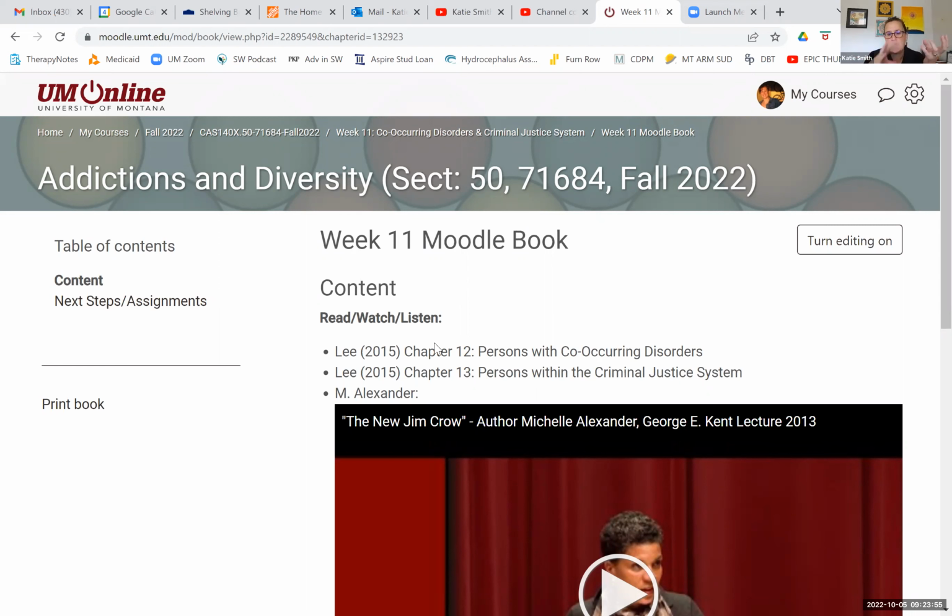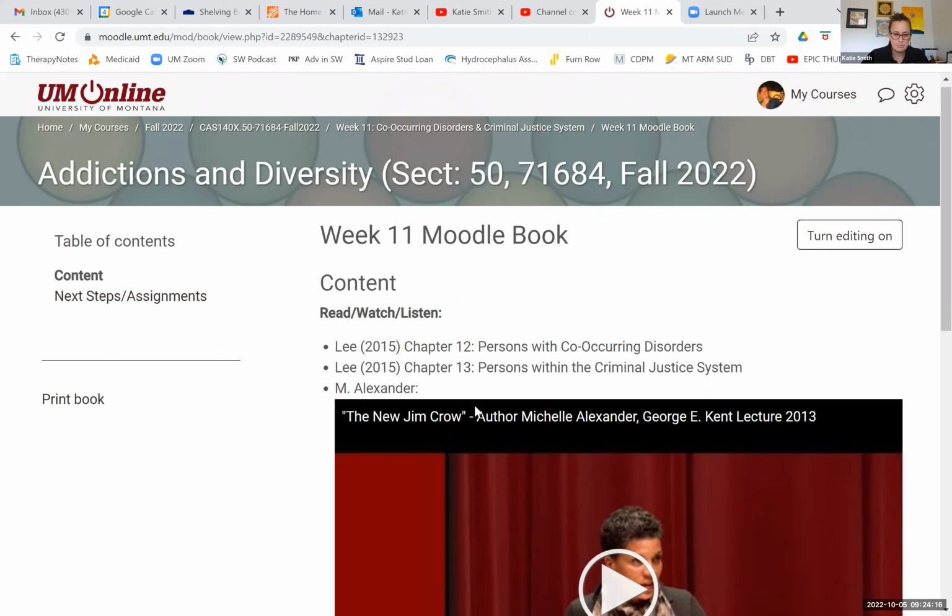And there's an entire chapter looking at disabilities specifically. So really looking at that overlap of substance use and mental health, and then also looking at persons within the criminal justice system.